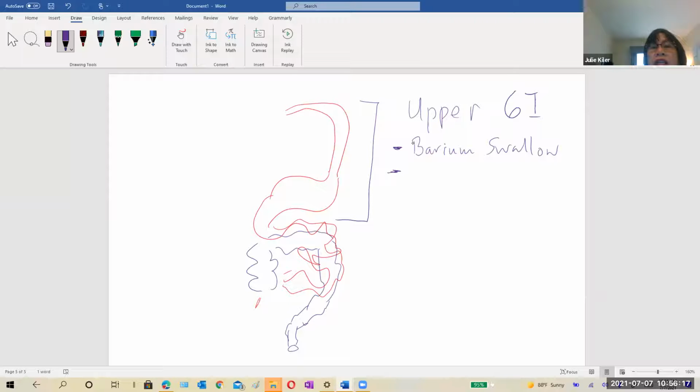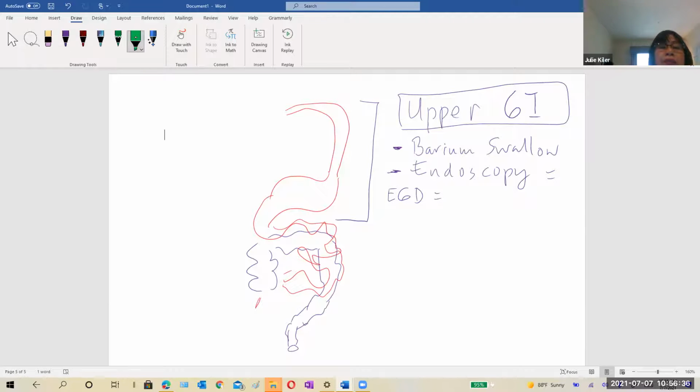We also have the EGD, which most people call endoscopy. So the view is from here, here, and only as far as the duodenum.